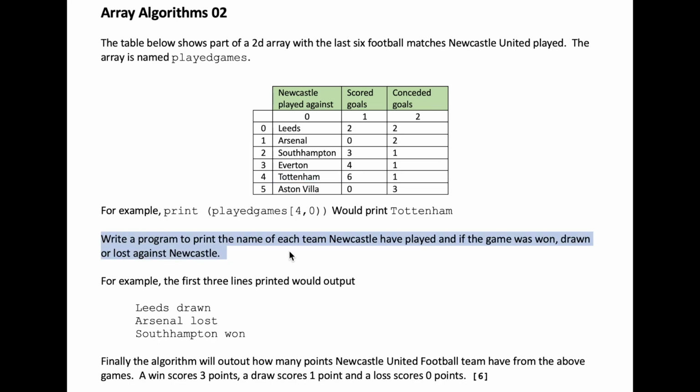Write a program to print the name of each team Newcastle have played and if the game was won, drawn or lost against Newcastle. For example, the Leeds game, 2 goals scored by Newcastle, conceded 2 goals, so that is a drawn game.